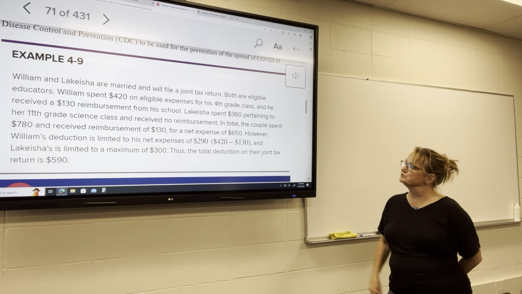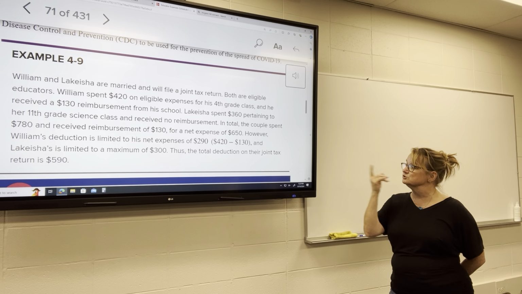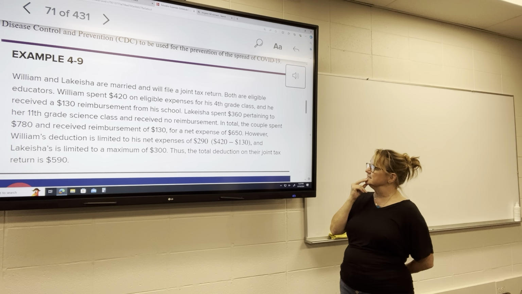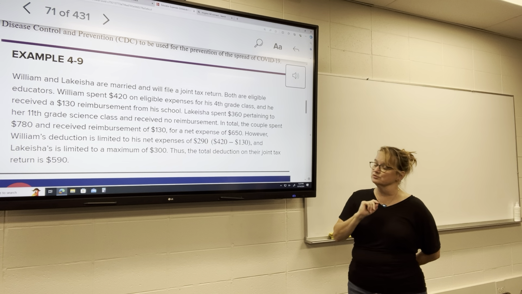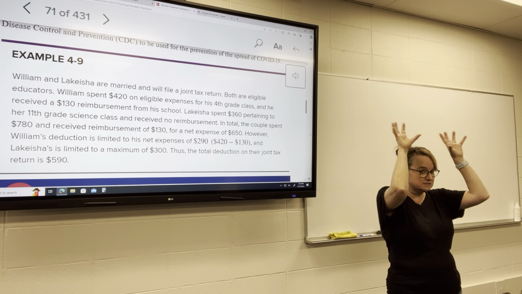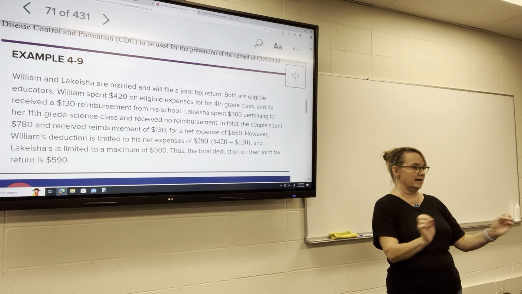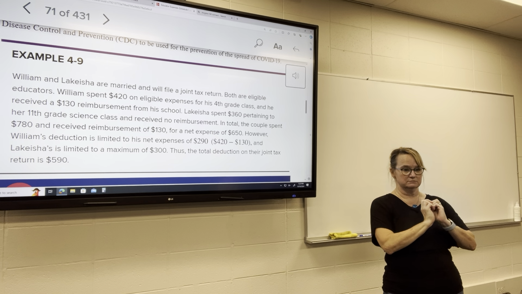So in total, the couple spent $780, received a reimbursement of $130. However, William's deductible is limited to his net expenses of $290. Lakeisha's is limited to $300. So what you want to do is calculate each individual's separately, minus any reimbursements, and then add the two together, ultimately. Does that make sense?